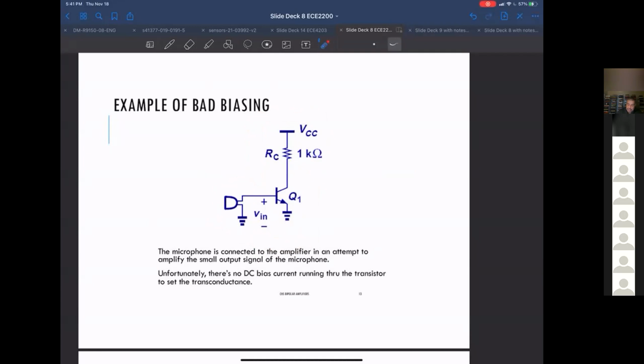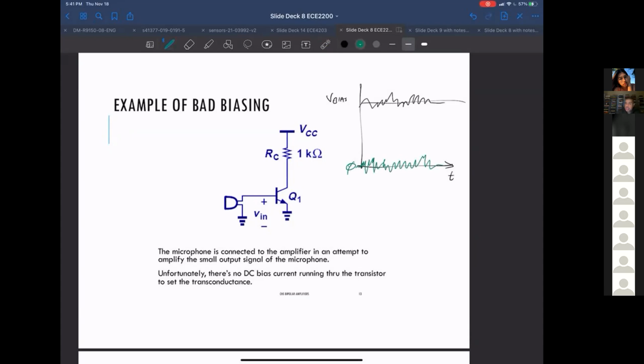The reason is, this microphone is giving out a small voltage, but it's not sitting on top of a bias. Whereas we want our input to look like this with a certain V bias, this circuit is sitting down here where it's got zero bias, and you don't get any current.